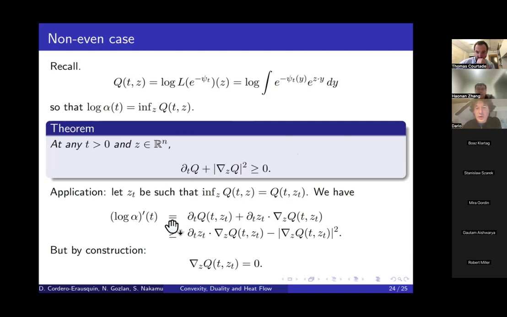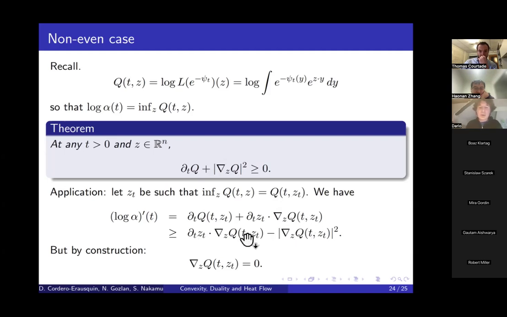the formula is that the derivative in time of log q, what is it? Well, this is the derivative in time of q, so I have the derivative with respect to the parameter t at the point zt. And then I have also the derivative in space of zt, dtz, this is a vector field, times the gradient in space of q.